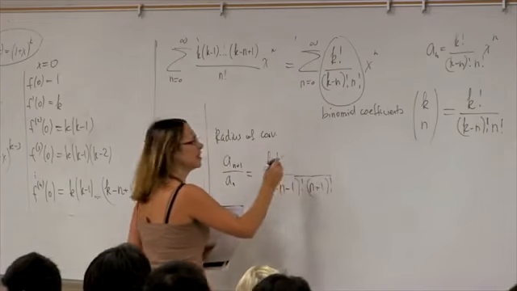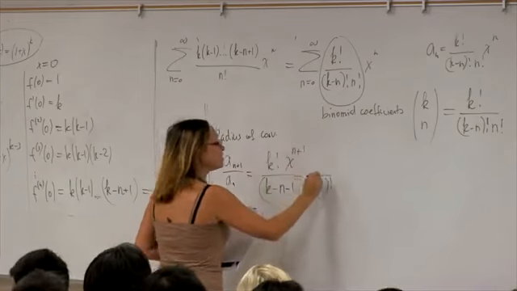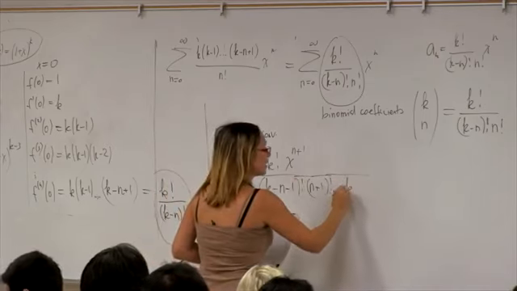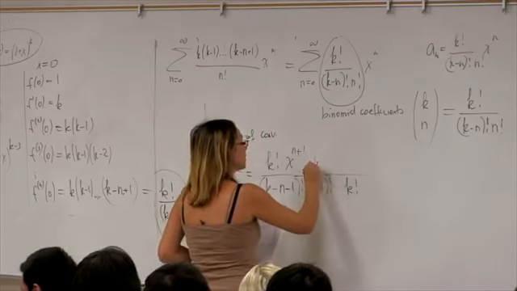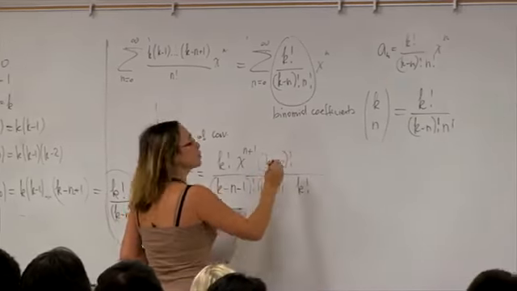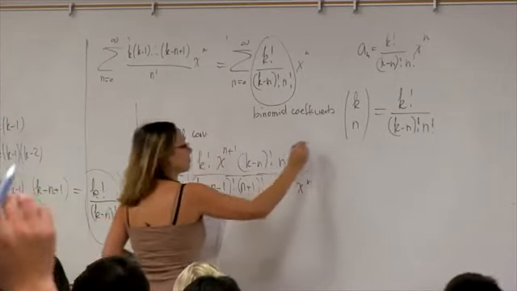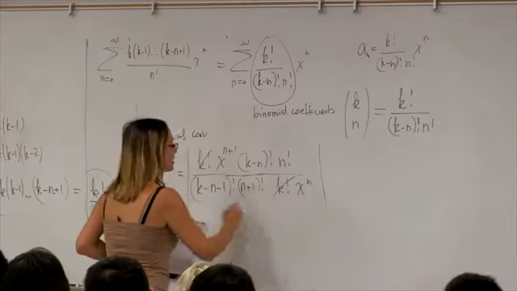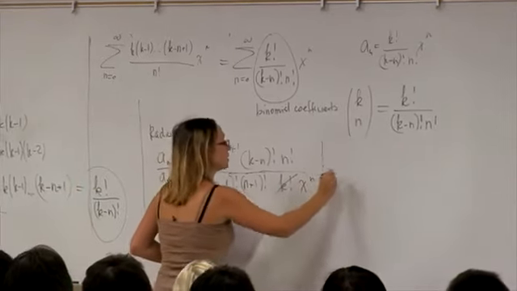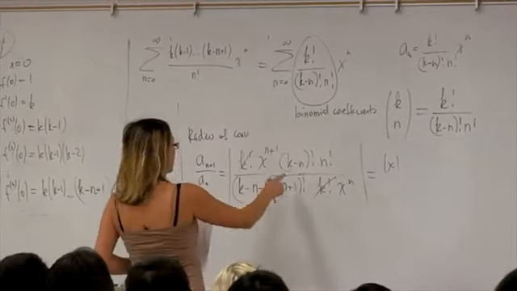Is it getting louder? Divided by k factorial, k minus n factorial, x to the n. So look, we have lots of cancellations. X remains only here.